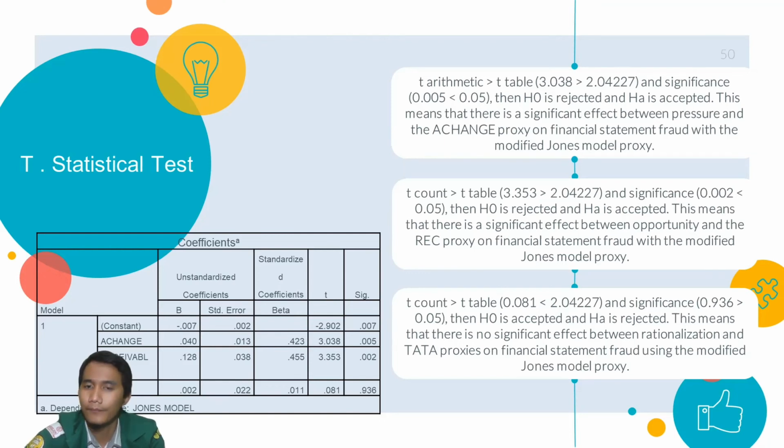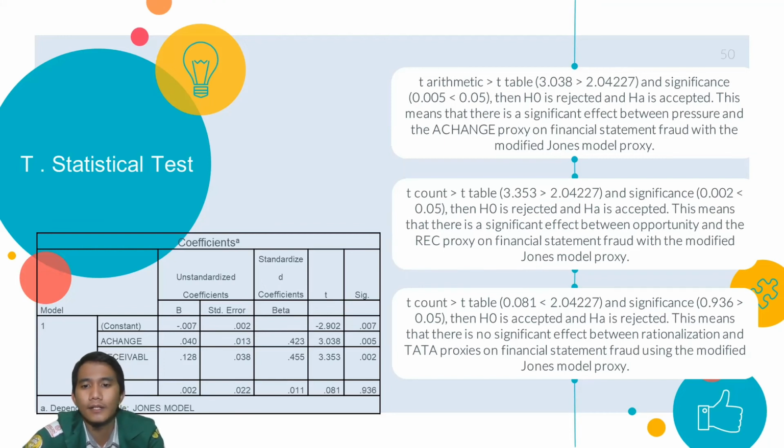In the second hypothesis, the significance is below the threshold, so H0 is rejected and HA is accepted: there is a significant effect of opportunity with the modified Jones model proxy. In the third, H0 is accepted and HA is rejected.